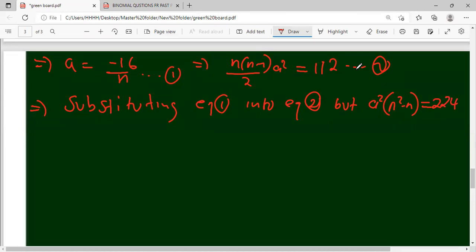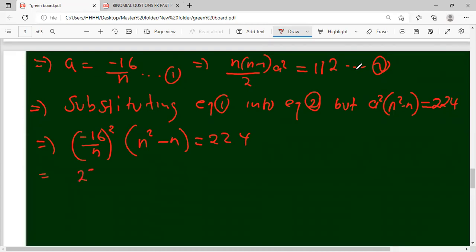So we substitute equation 1 into equation 2. What are we going to get? So we are going to get negative 16 over n squared, open the bracket, n squared minus n, this is 224. Okay, so when you square 16, we get 256.